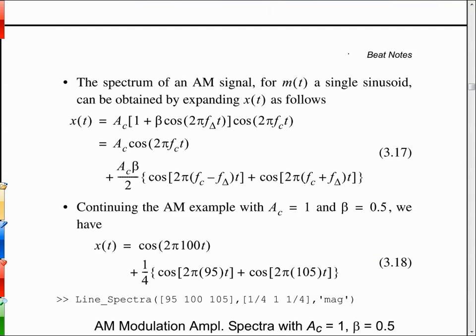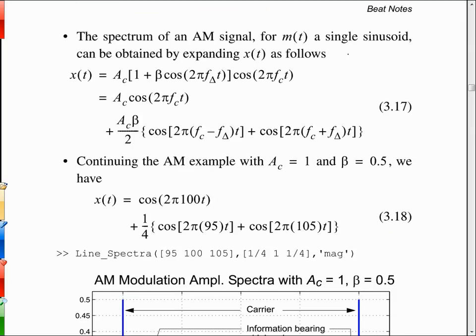So if we go plot that AM signal, first we decompose it using the trig identity. So when we actually do the math over on this equation here, the cosine gets multiplied times 1 in AC, so there's a pure cosine. So this is known as the pure carrier signal.